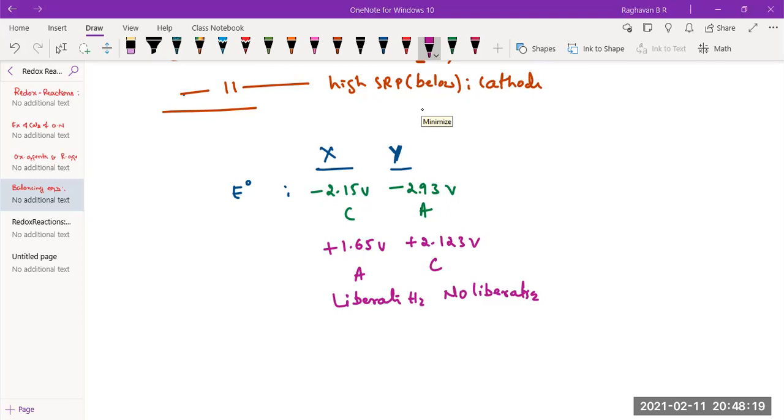Amshu says X anode, Y cathode. That's correct because the upper one gives. That means elements above SHE can liberate hydrogen. So this is above, meaning anode.